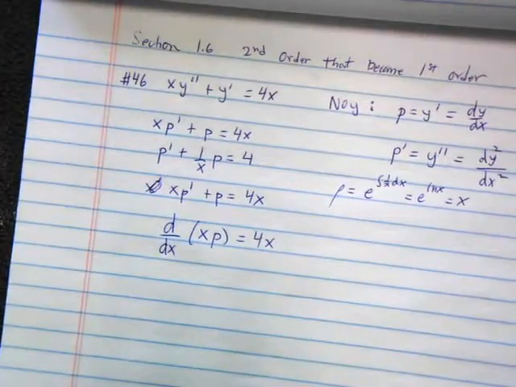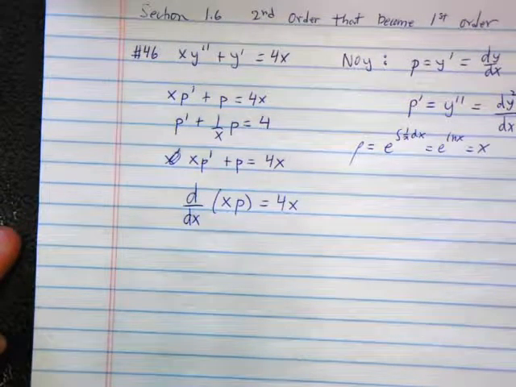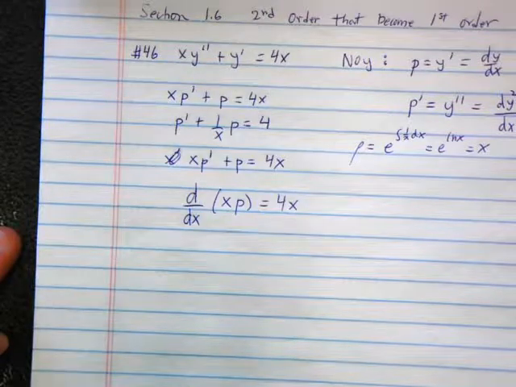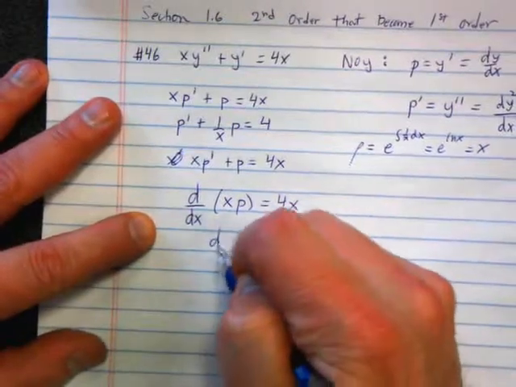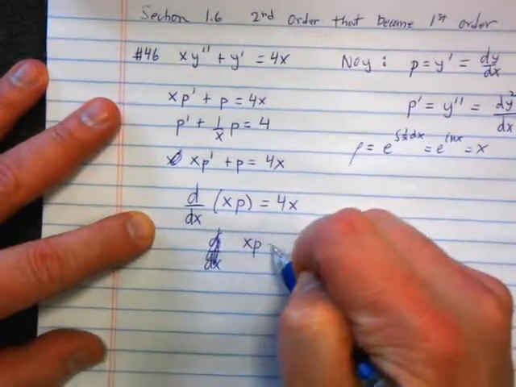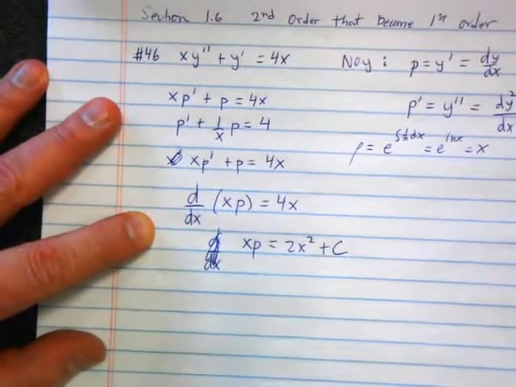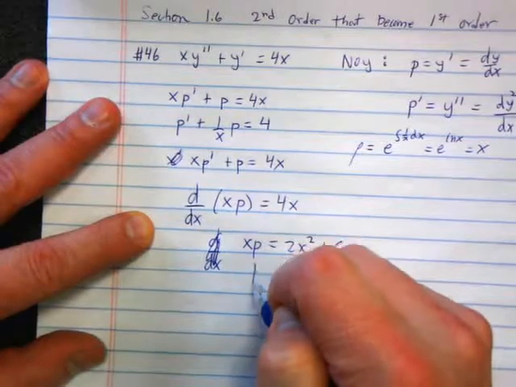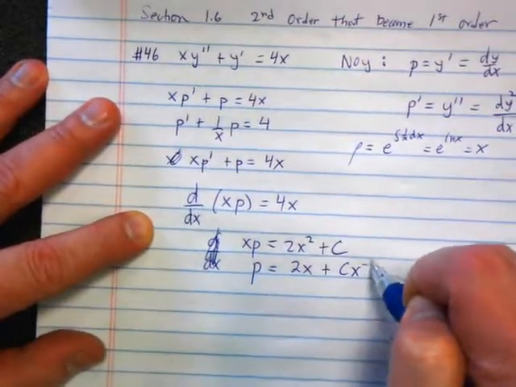You can check and make sure it works. It does. Integrate. So xp is 2x squared plus c, which means p is 2x plus c x to the negative 1.